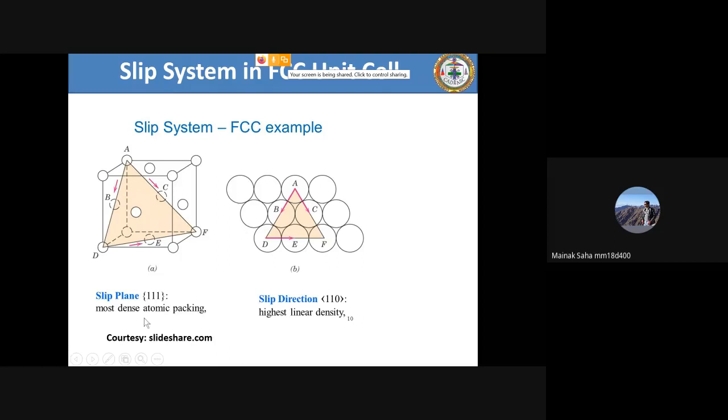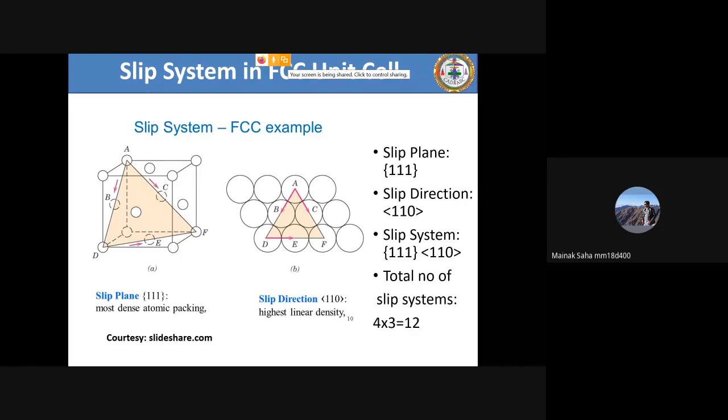So there are total 4 slip planes, and the number of slip directions in every slip plane is 3. The slip system is 111 110, like HKL UVW, and the total number of slip systems is 4 into 3, because each 111 has 3 slip directions, which comes to 12.